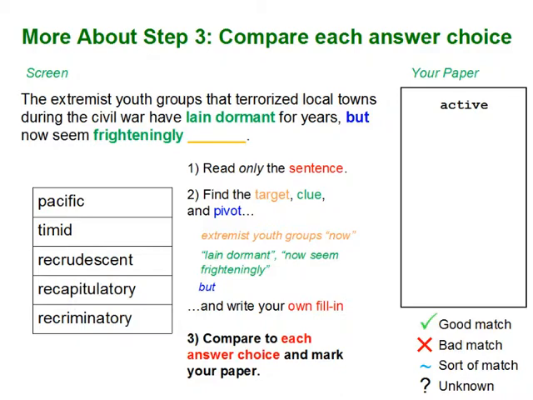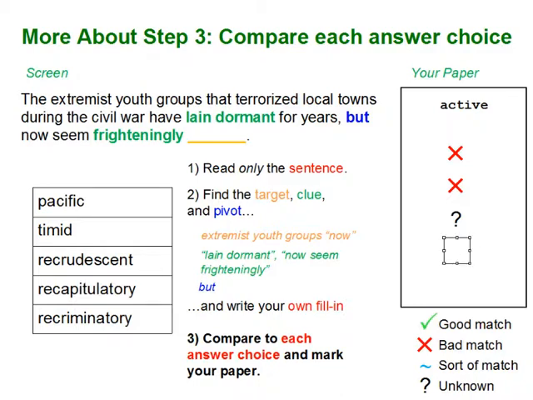So what can often happen on the test is with active, I know that Pacific and timid are not active. If anything, they are the opposite of active. But then I can encounter problems as a test taker when I see a word like recrudescent and I have to say, oh, I don't know what recrudescent means.